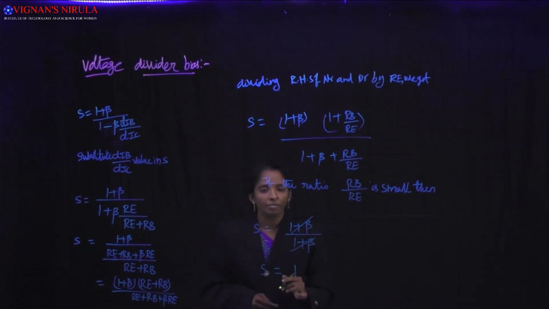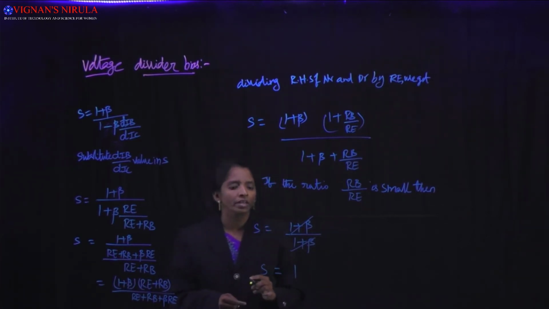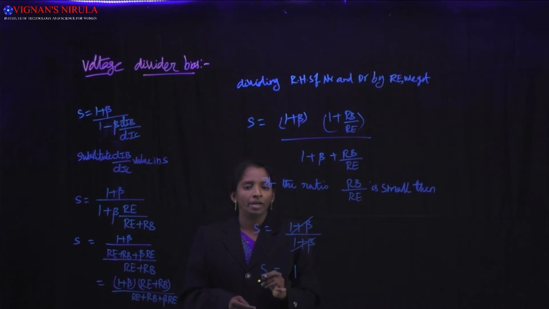So, if stability factor is 1 means the transistor parameters do not affect the stability factor. That means the transistor parameters are not present in the stability factor.